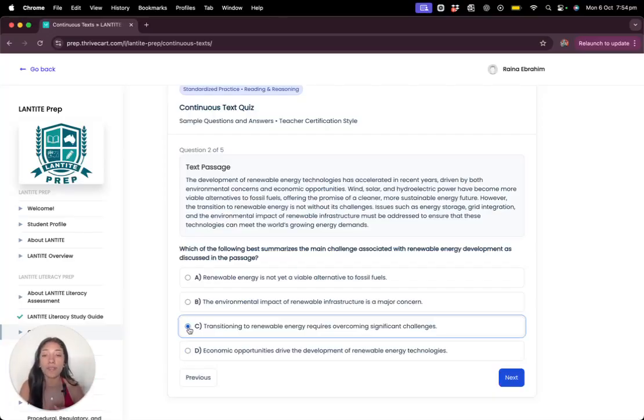So I'm going to go with C. Transitioning to renewable energy requires overcoming significant challenges. So here, like I said before, it's telling you all the challenges that need to be overcome to be able to transition to renewable energy. Let's go to the next.